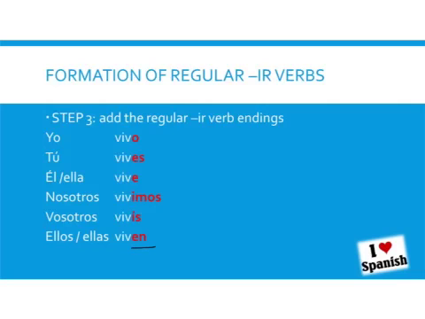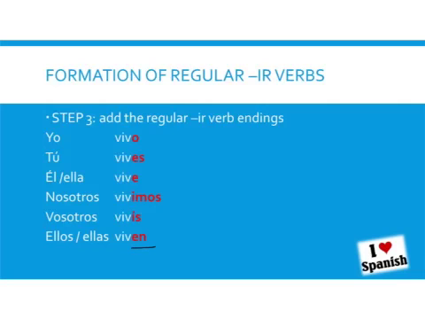And those are the 3 steps we go through when forming regular IR verbs in Spanish. And just to recap, those steps are: 1. Establishment of our infinitive. In other words, the form of the verb with the IR at the end.